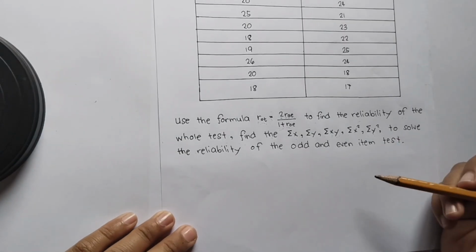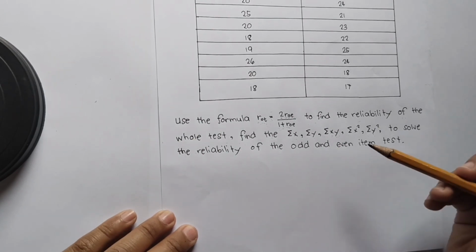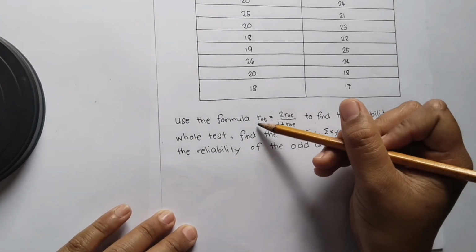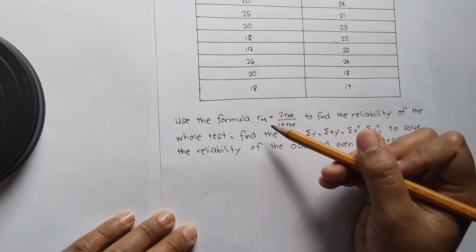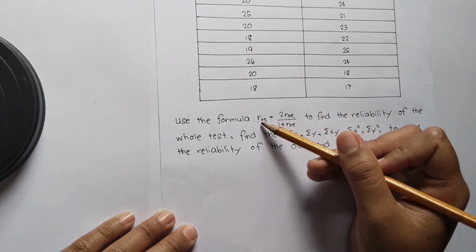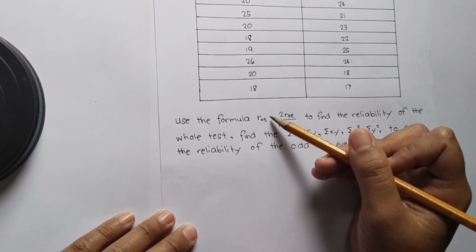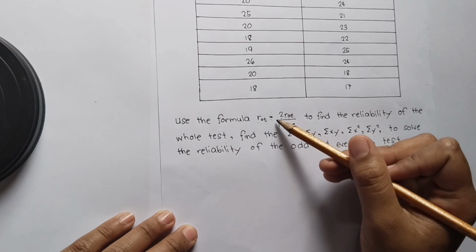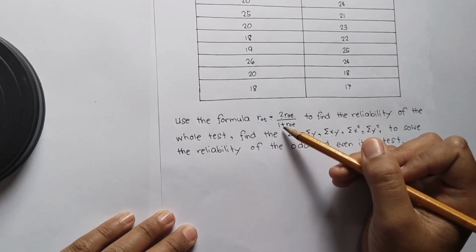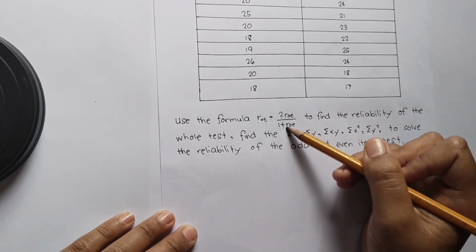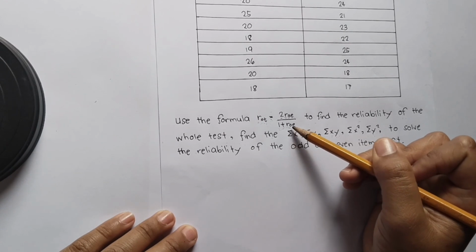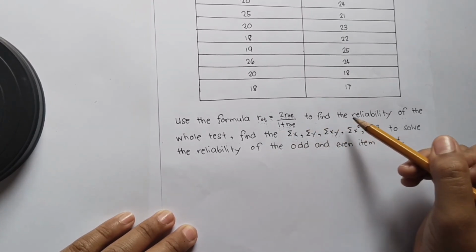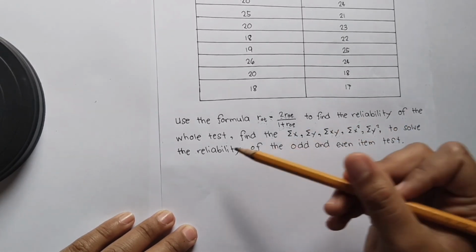So, para malaman natin if yung test is reliable, we will use the Spearman-Brown formula. The reliability of the original test is equal to 2 times the correlation of odd and even items, divided by 1 plus the correlation of odd and even items, to find the reliability of the whole test.